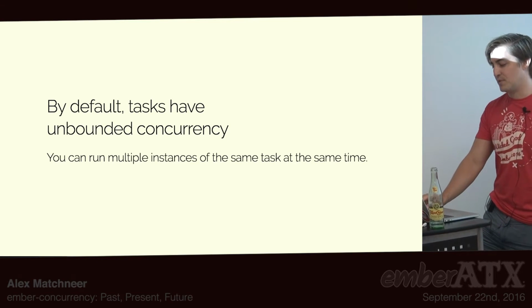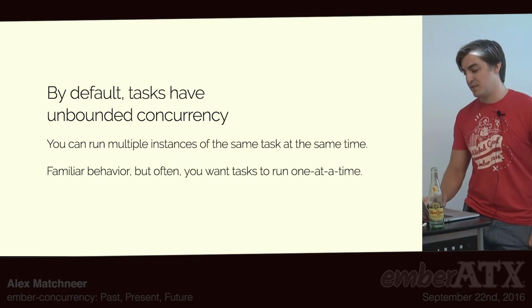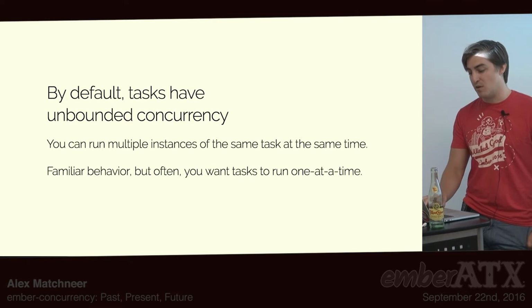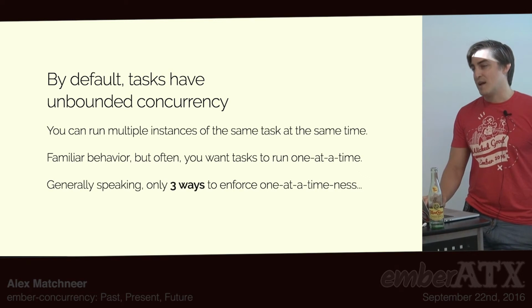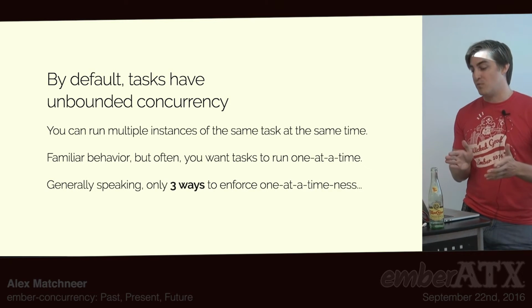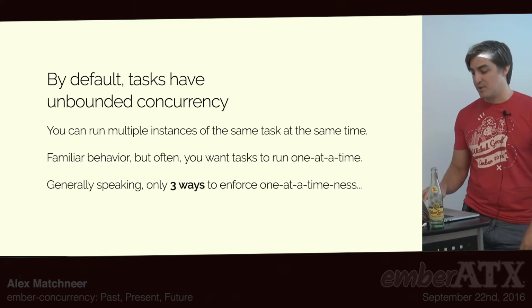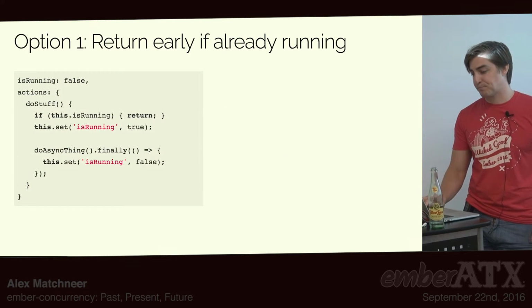So you can run multiple instances of the same task at the same time, nothing stops you from doing that, and that's the default. That's the familiar behavior most people are used to, and they only deviate from it when they want to say, if is running, return early. If you want something constrained to run only one at a time, generally speaking, even beyond Ember concurrency, in JavaScript and programming in general, there are only 3 ways to do that.